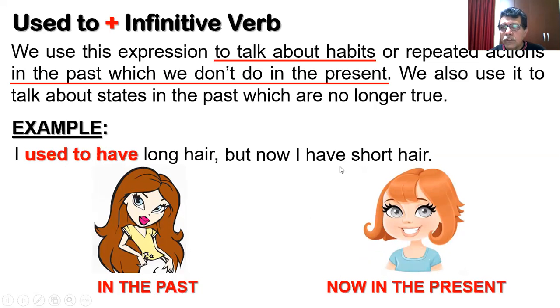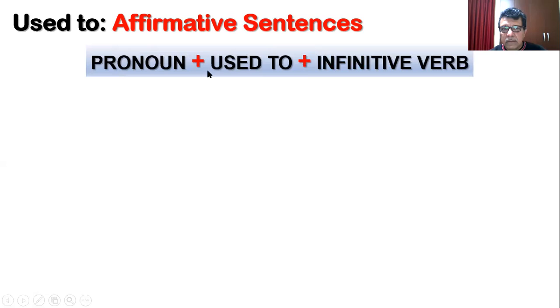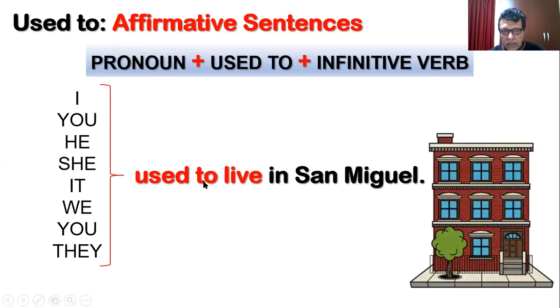Let's continue. How to use this expression used to in affirmative form. In the affirmative, we're going to use the pronoun plus used to plus infinitive verb. Okay? What pronouns? I, you, he, she, it, we, you, and they. Expression used to. Remember, used to with D because we're talking about affirmative form.